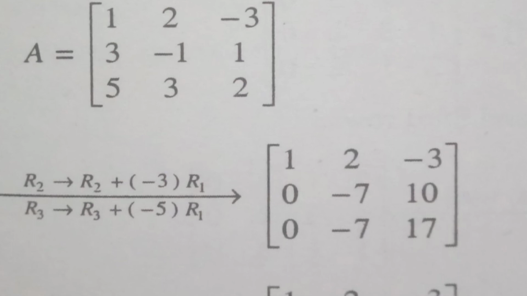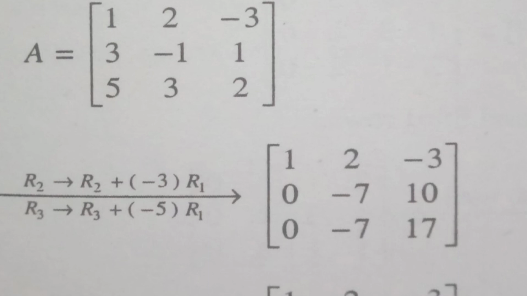Similarly, for the third row we have to make this 5 as 0, so we use R3 minus 5R1. It may be written as R3 plus minus 5 into R1. So multiply the elements of R1 by minus 5 and add it to the elements of R3.